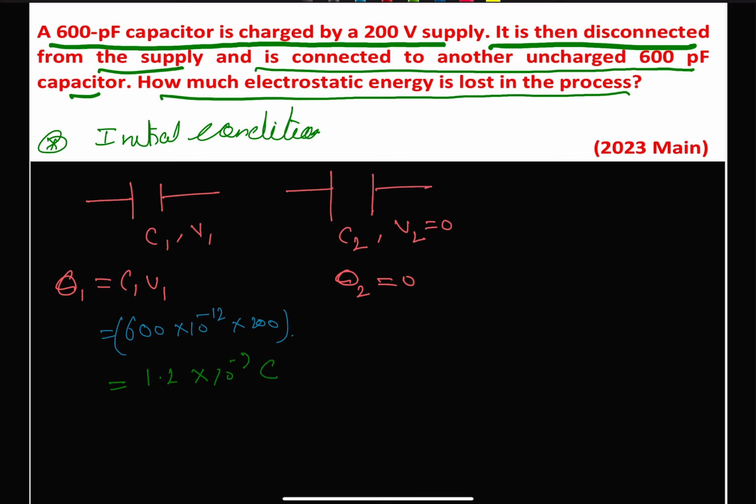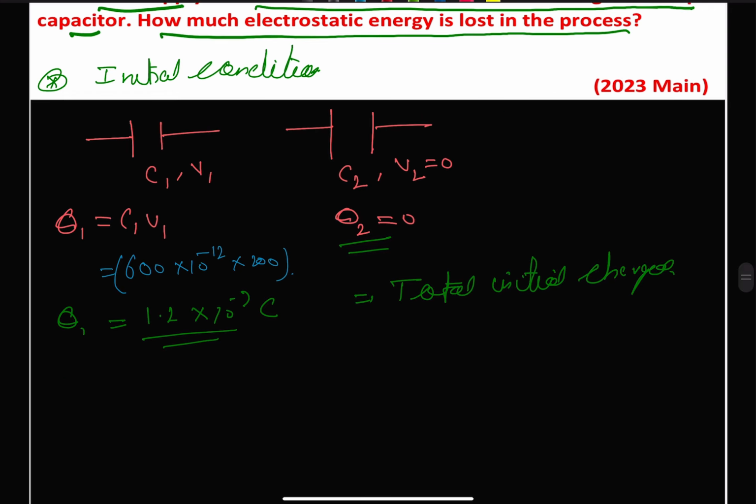So this is our Q1 and Q2 is equal to 0. So total initial charge, let us call that Qi. Qi will be equal to Q1 plus Q2. Obviously that will be equal to 1.2 into 10 to the power minus 7 coulombs.